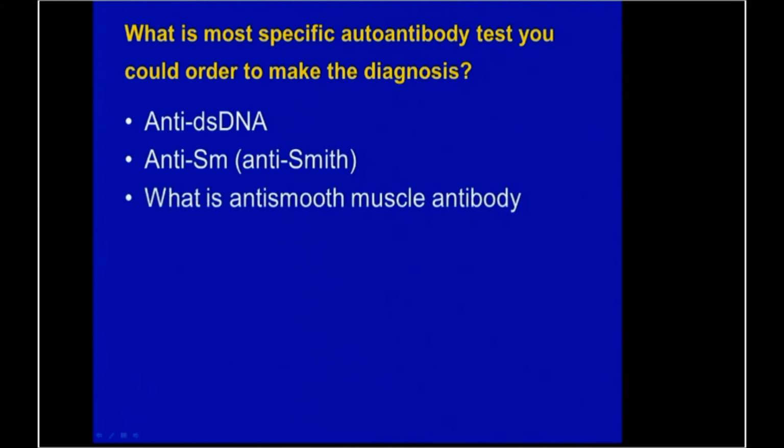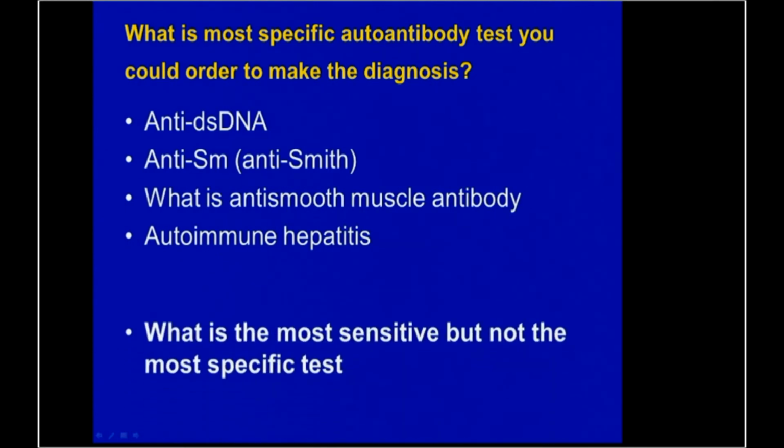What is the anti-smooth muscle antibody? I put it here because I don't want you to be tricked with this. We have anti-Smith antibody, and we have anti-smooth muscle antibody. Anti-smooth muscle antibody is seen in patients with autoimmune hepatitis. But anti-Smith is very specific for lupus, along with anti-double-stranded DNA.